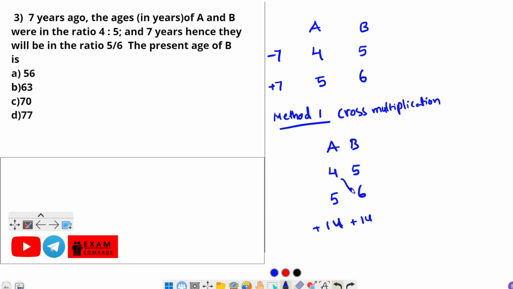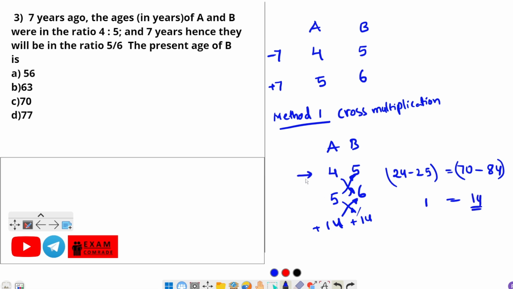Okay, let's cross multiply. 4 into 6 is 24 minus 5 into 5 is 25. Equate it to the cross multiplication on the downside: 14 into 5 is 70 minus 6 into 14 is 84. So just ignore the sign, take only the value, that is, one value is 14.